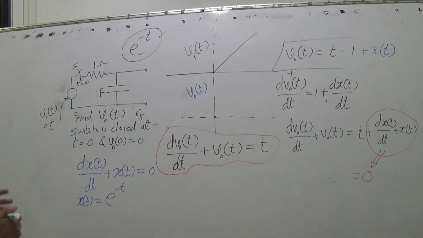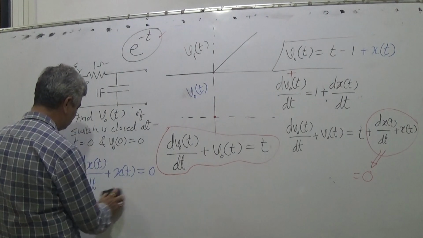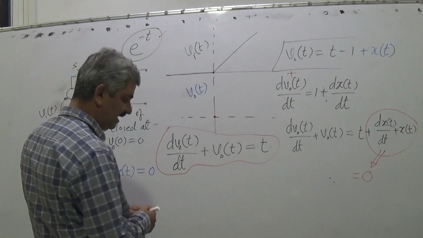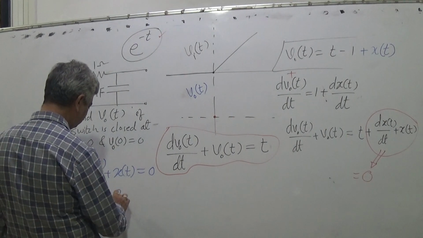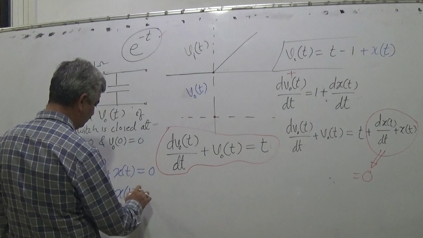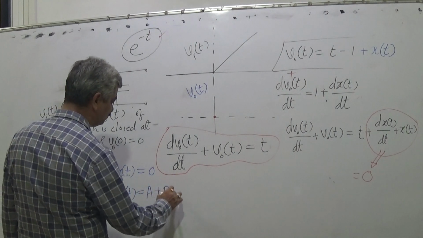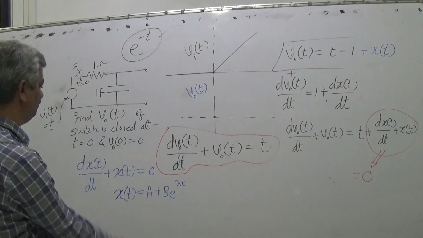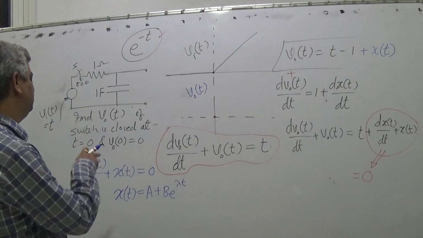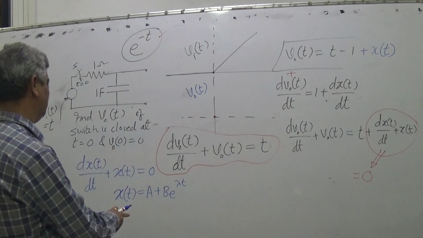Is it necessary? No, no. So what is the answer for this? The general solution for this, we say that xt is equal to, to be very precise, a plus b e raised to lambda t. Then you can add everything you can calculate. So this you must solve by initial condition.